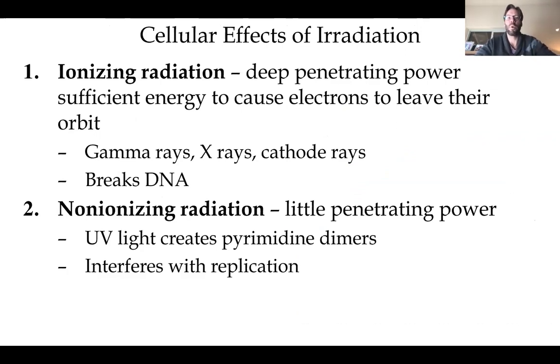Non-ionizing is going to create these dimers with the pyrimidines, particularly the thymines, which then prevents replication because it's going to either kick off the polymerase when it encounters that dimerization, or it's going to not know what to do and just put some random nucleotide in there and introduce a mutation that might be beneficial, might be detrimental.